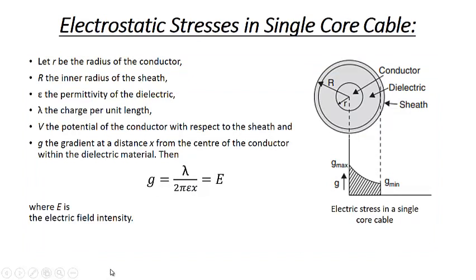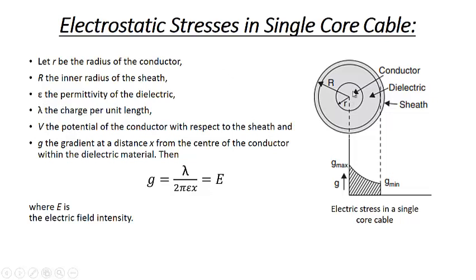Now coming to the electrostatic stress in a single core cable, let us have a look at this. We'll assume that we have a conductor whose radius is r, and when we use it in a cable, we assume that the inner radius of the sheath is denoted by capital R. In between this conductor and sheath, we have a dielectric whose permittivity is epsilon.